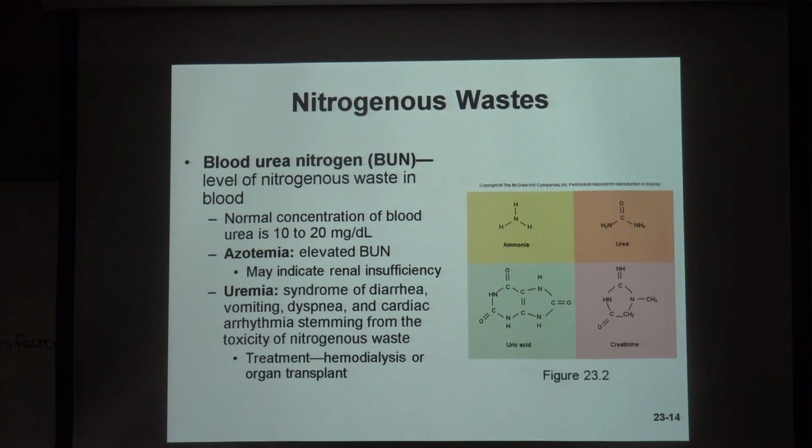The other one is called uremia, caused by too much nitrogenous waste because your patient can no longer keep enough water in the system, either due to vomiting, diarrhea, it may be a cardiac arrhythmia. These are the individuals that we will immediately put onto hemodialysis. Ooh, I've heard of that before, right?